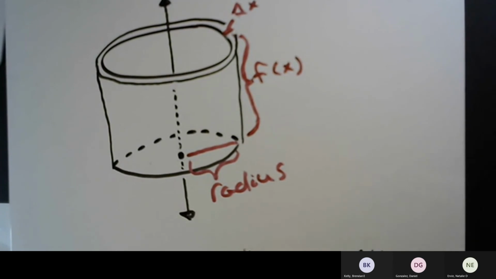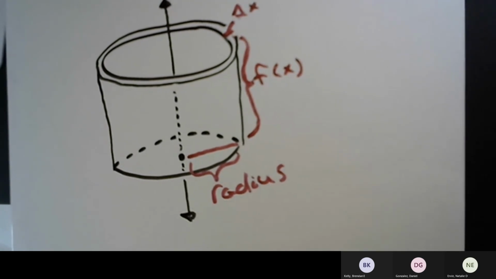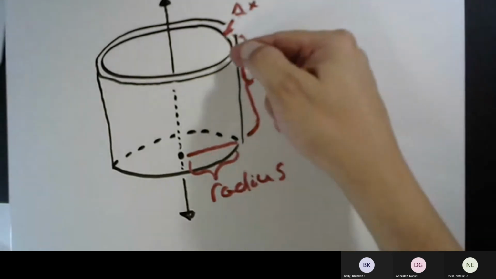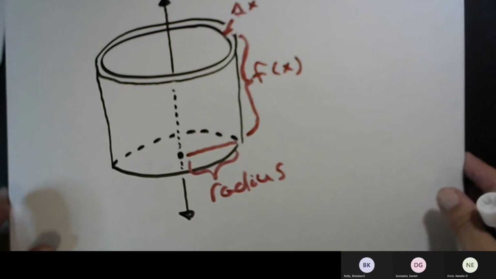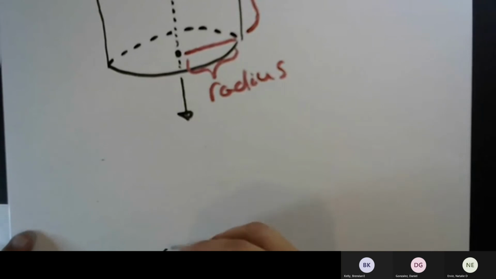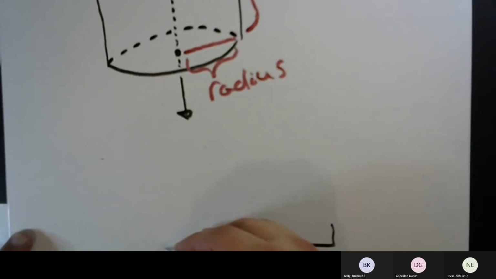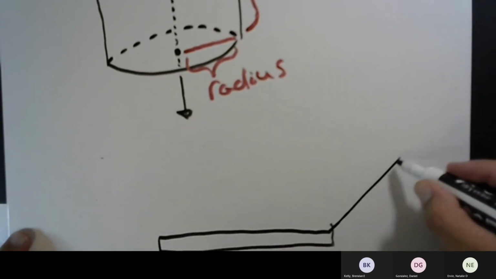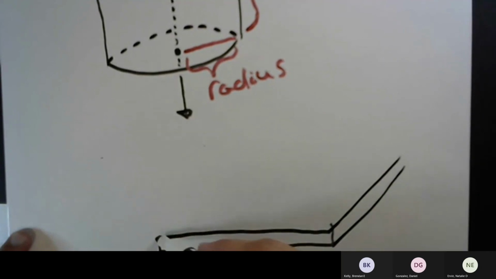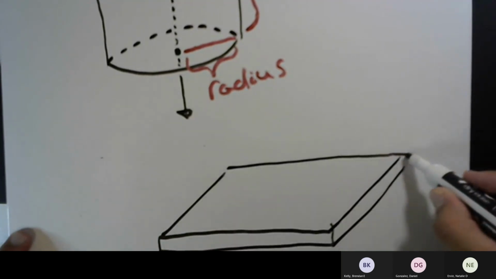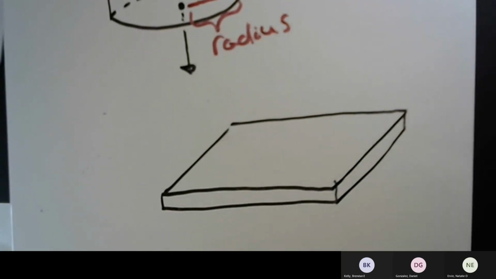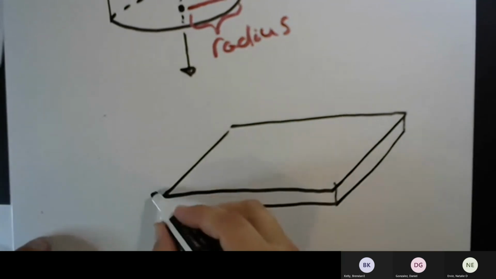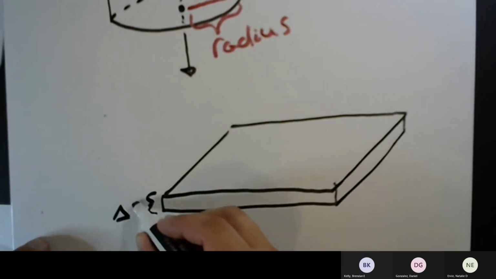So what we can do with the cylinder is we can slice it down the side and unravel it. And so this is the dimensions that we're going to get. So there's that thickness delta x.